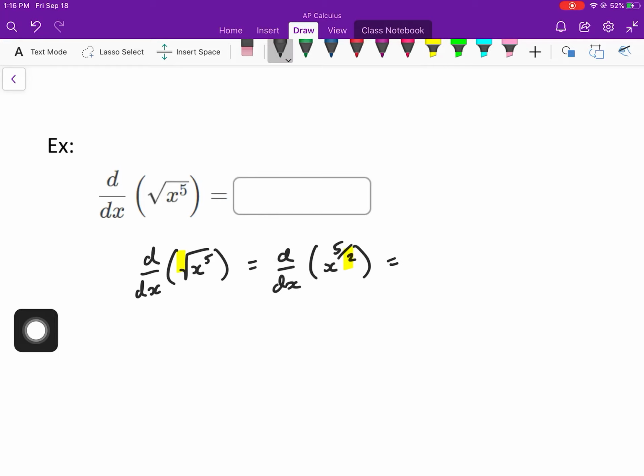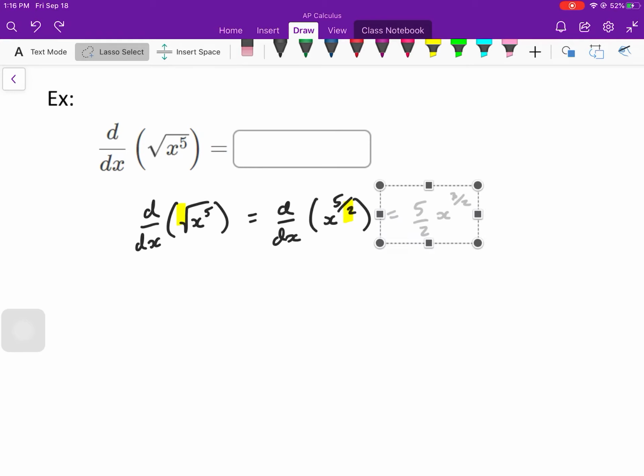Then from there, we're going to get rid of the d dx when we take the derivative. Actually, I'll just keep it there like that. I just want to show you two things: the index, if it's not there, is a 2.